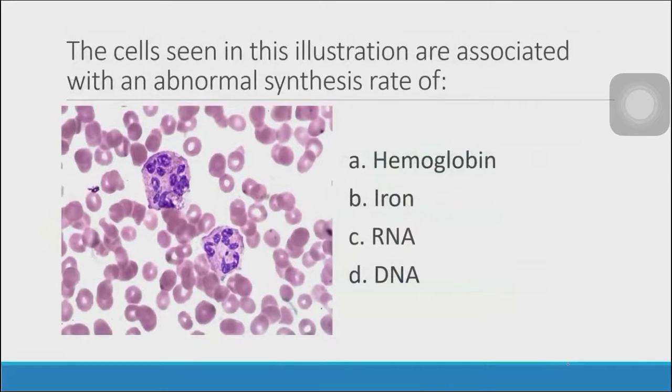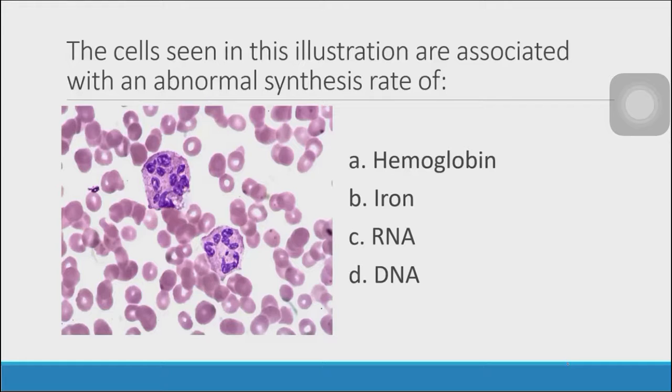So the cells seen in this illustration are associated with abnormal synthesis rate of what? What do we have in the picture? These are hypersegmented neutrophils, neutrophils having 6 or more lobulations on the nucleus. Hypersegmented neutrophils are associated with a variety of conditions.